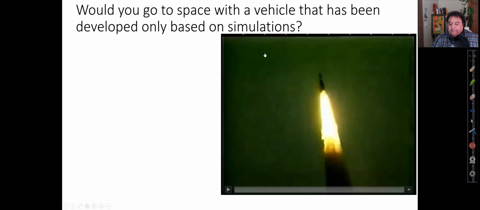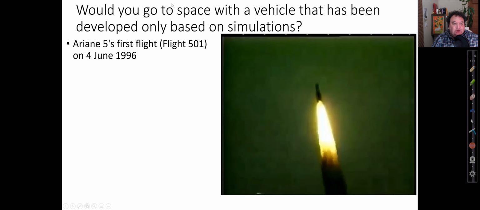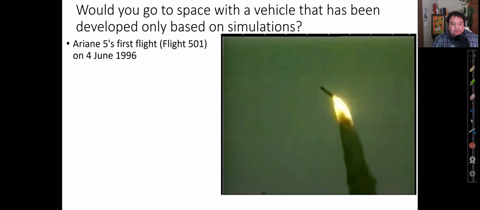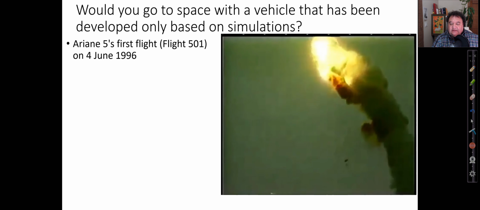For example, if you design a space vehicle that is all built by a simulation without testing, which was done, and in fact tends to be more and more frequent, how important is it that these tiny details are taken care of. So this is the example of the Ariane 5 first flight. This is 1996.